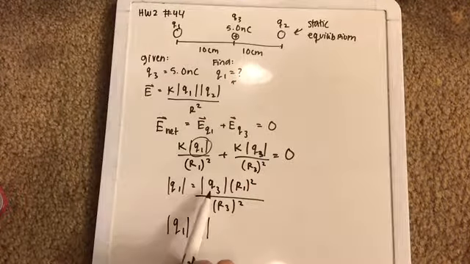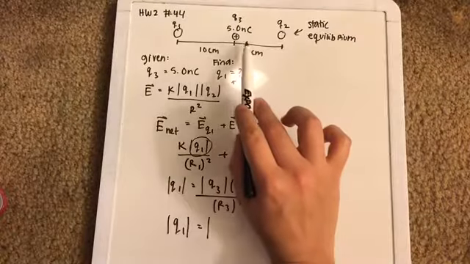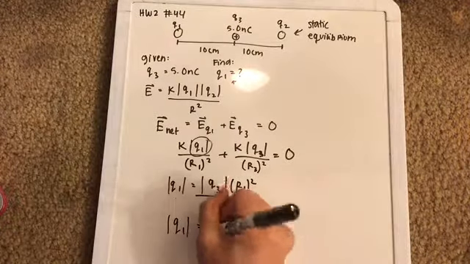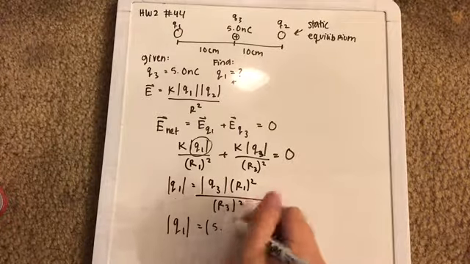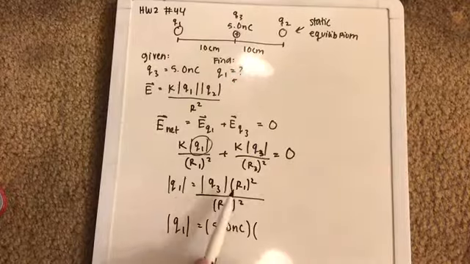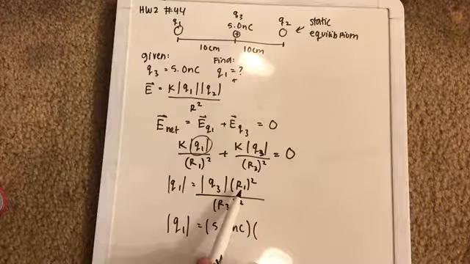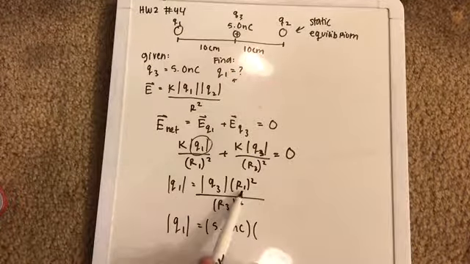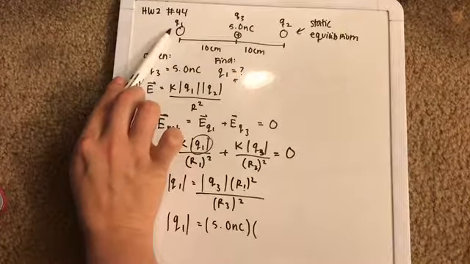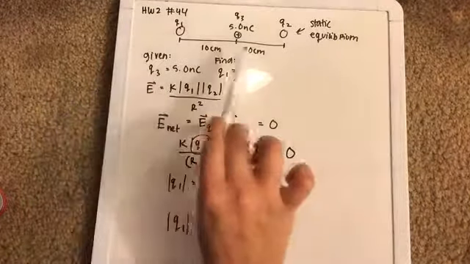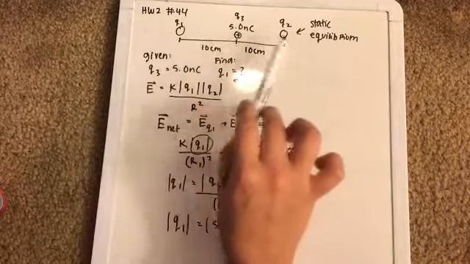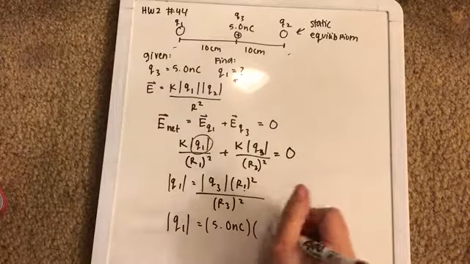Okay, so we know that Q3 from our given is, I'm going to put in parentheses, 5 nanocoulombs. And then our R value for R1, which correlates to Q1, is going to be 20 centimeters because that's the distance between Q2 and Q1.